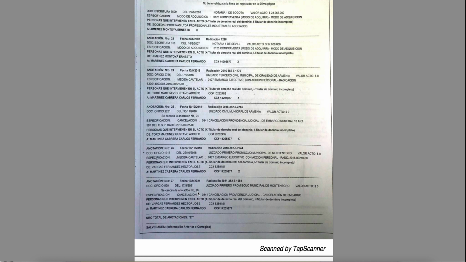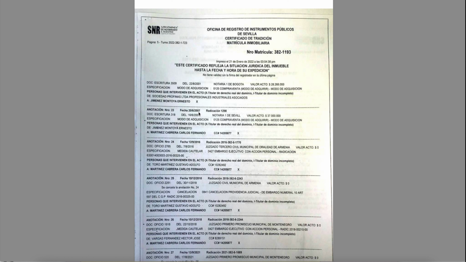And here we have a transfer of property from this person to the actual owner. This was in 2007, so you know that the actual owner has had the title of this property since 2007.